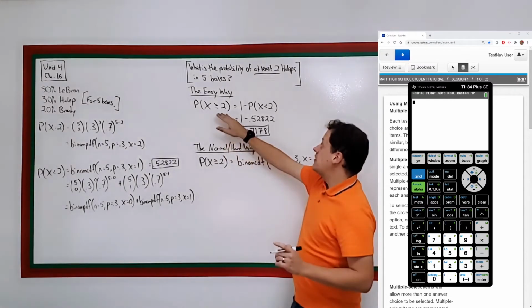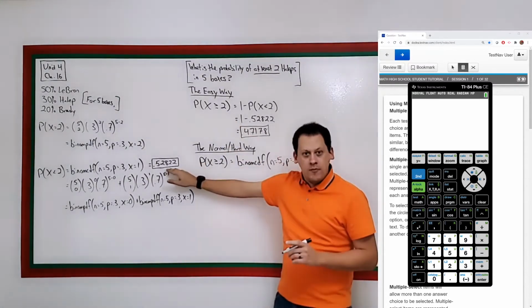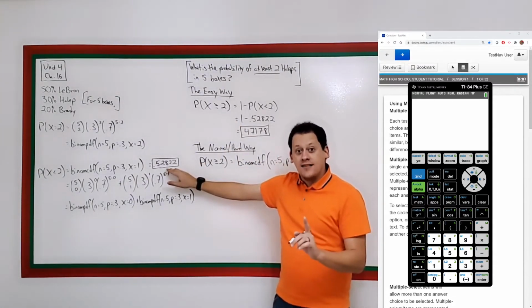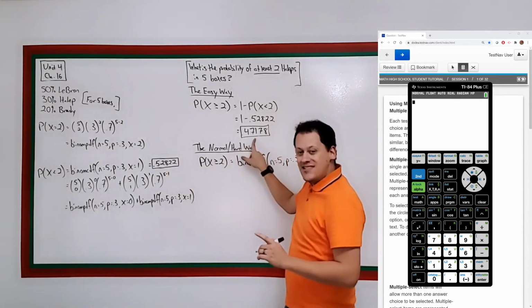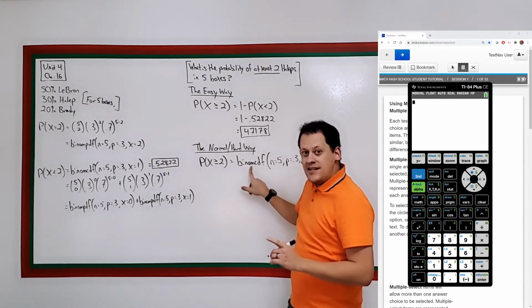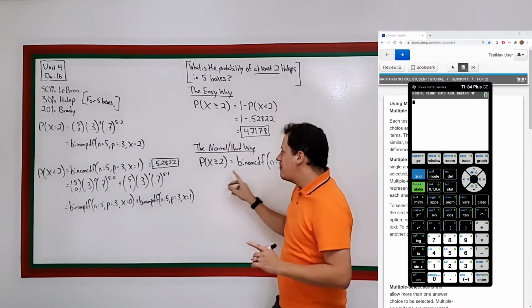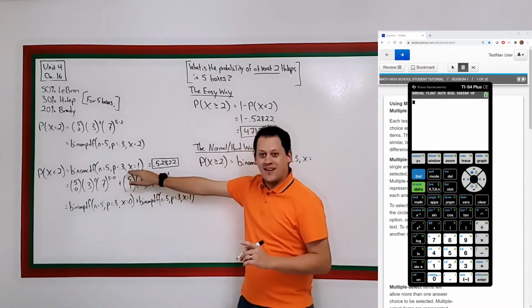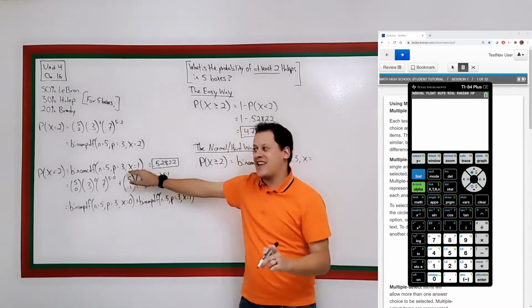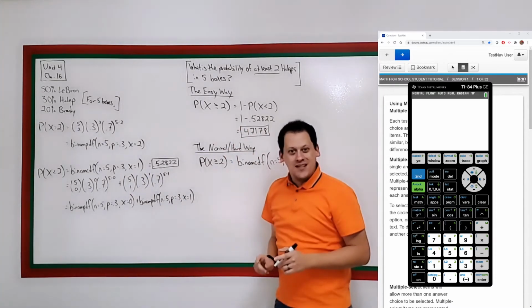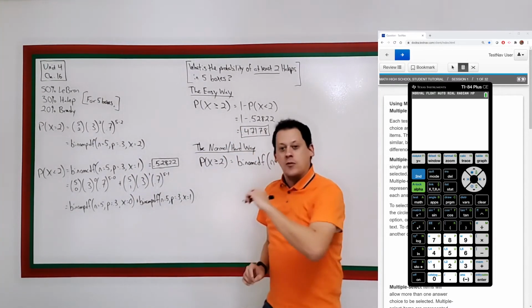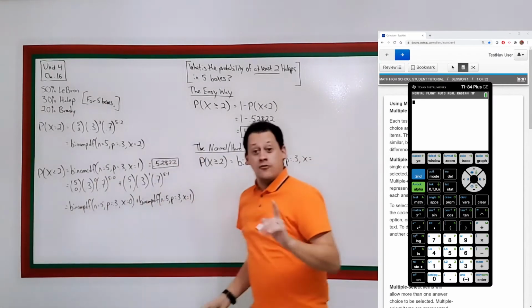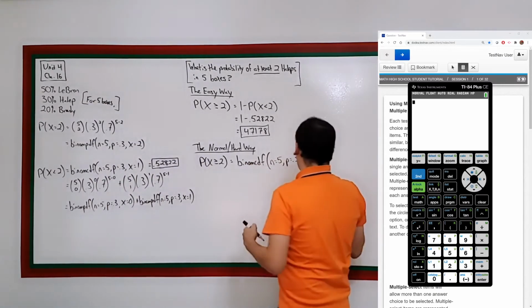Not necessarily the fact that we've already got the complement, but we can get this answer using binomcdf if we do this, but tell the calculator to find the complement of it. How can we do that? First of all, I'm going to erase what's here.